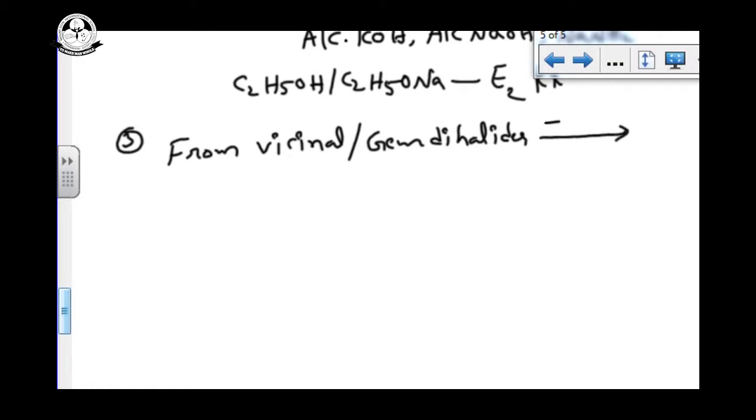You remove the halogens by dehalogenation, and we can get alkenes.